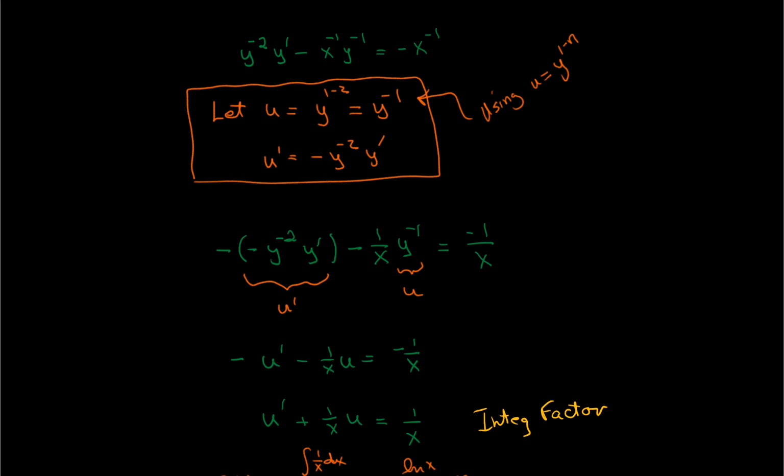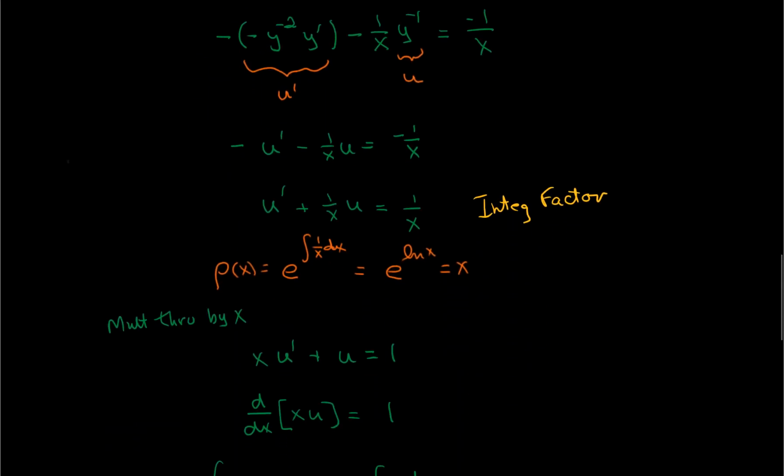I'm going to put the negative in there that I want as part of my u prime, and to compensate for that, I'll just multiply out front by a negative. So this then allows me to rewrite my equation, substituting in u prime for the negative y to the -2 y prime, and substituting in u for y to the -1. All right, when I get to that line, we are now back to a linear first order equation.